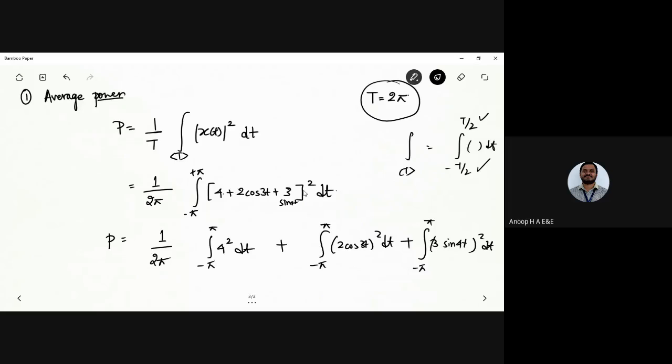So you'll be directly telling me the answer. Both the cosine term and the sine term, with respect to the orthogonality concept, theorem 3.1, those terms will get cancelled out, and you are left with the remaining terms.